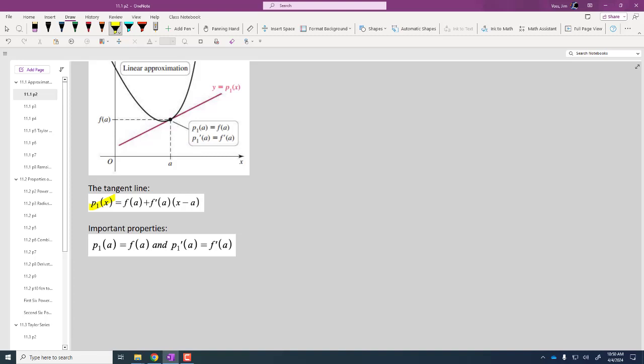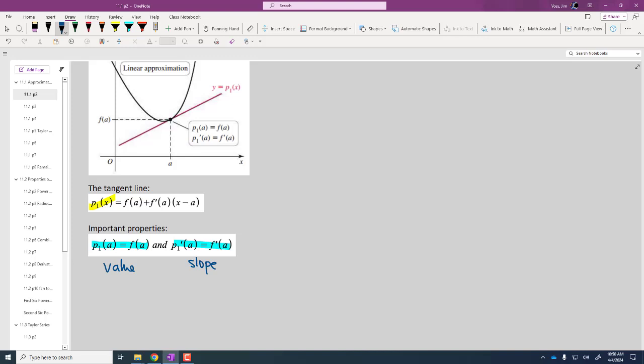So the tangent line has that form. And what we want to notice with the tangent line, 2 things. Value and slope match the original function. So the original function is called f, and the tangent line has these 2 properties.